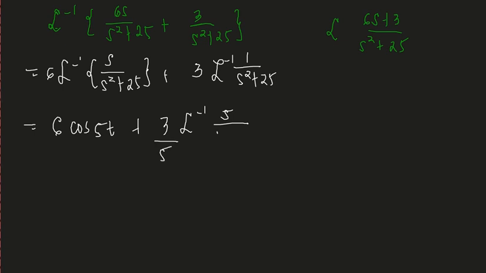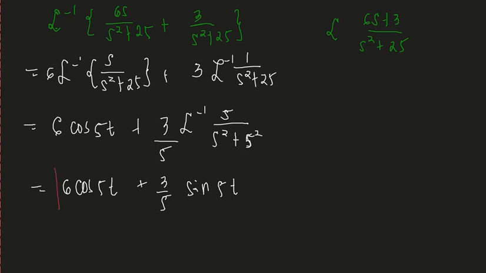So that is equal to s squared plus 5 squared. So this is equal to 6 cosine 5t plus 3 all over 5. Then we have sine 5t. So, automatic, this now will be aton nga final answer.